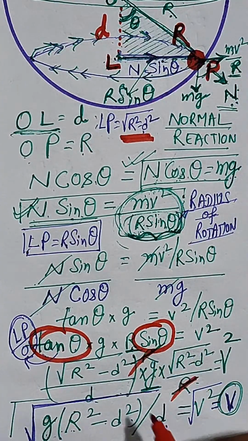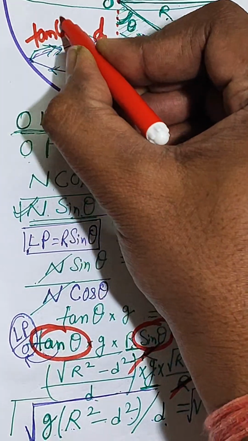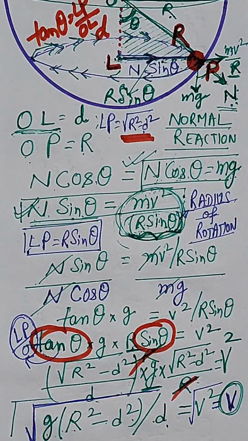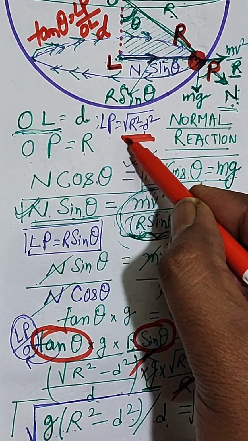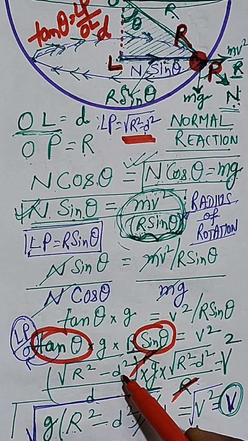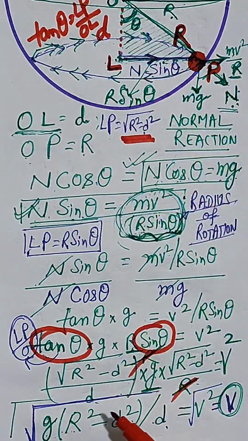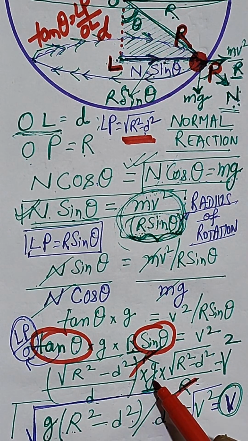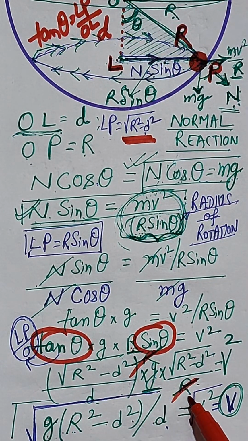Let me write it. Tan theta is equal to LP by OL. What is the value of LP? Root over R square minus D square, divided by OL. OL is a small d, multiplied with a small g, then capital R, which is already cancelled out.